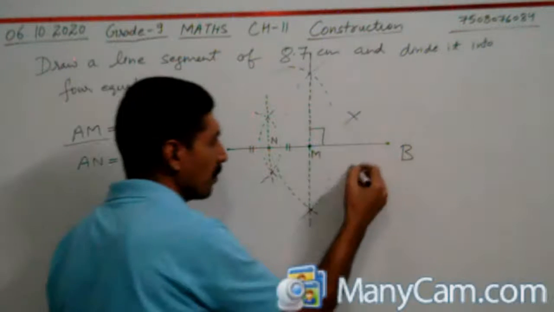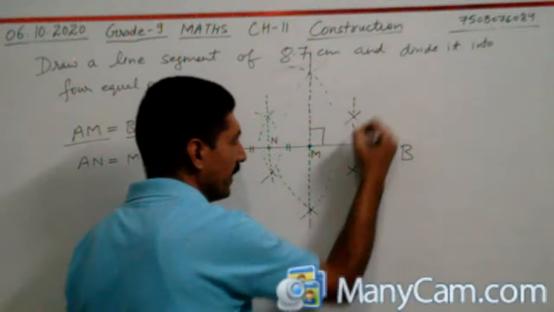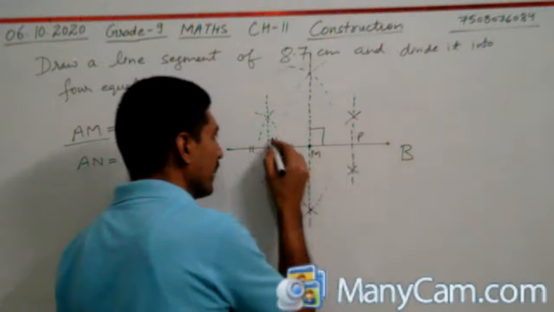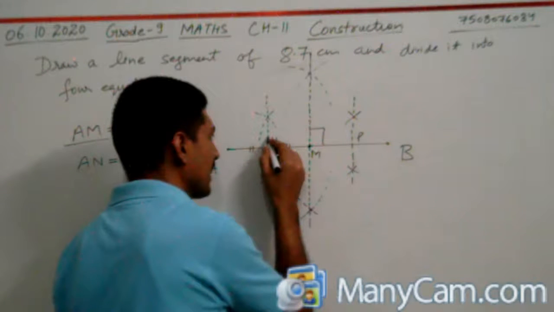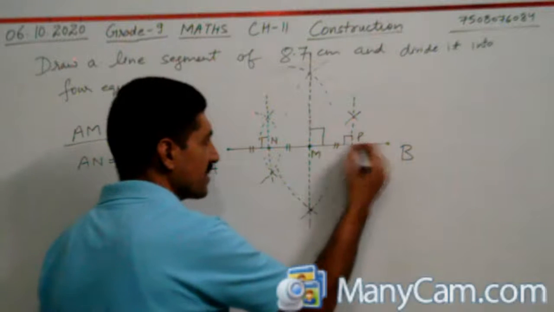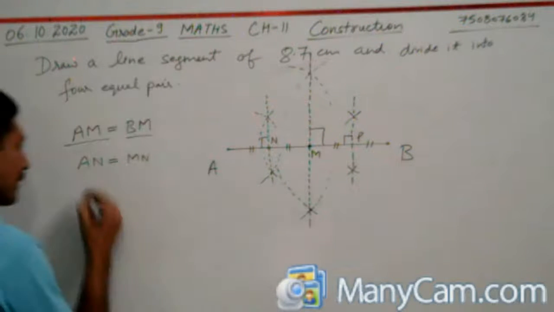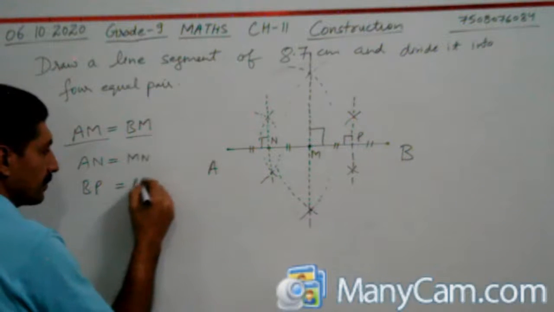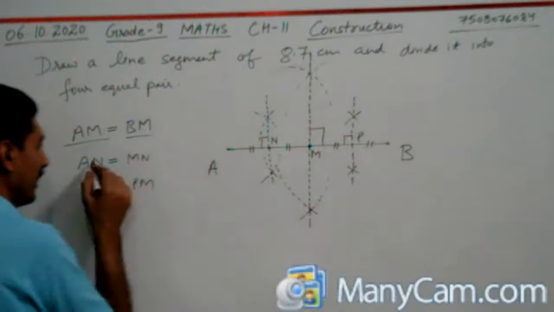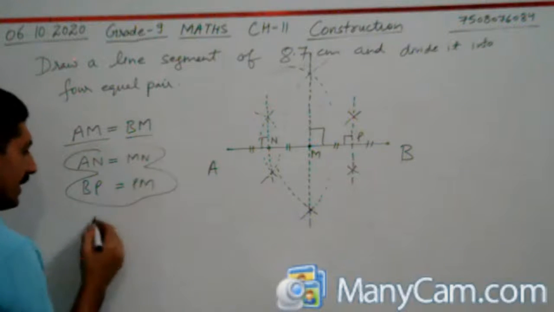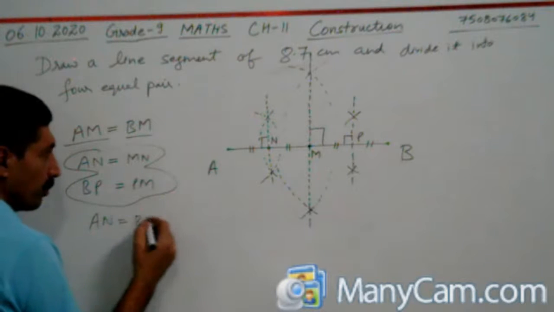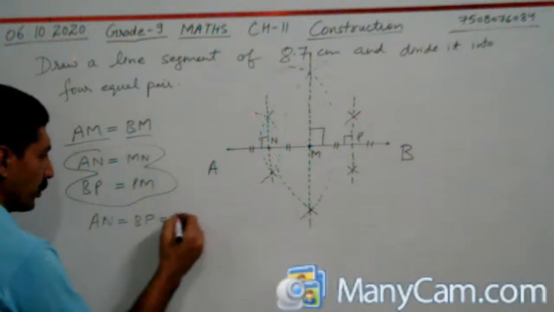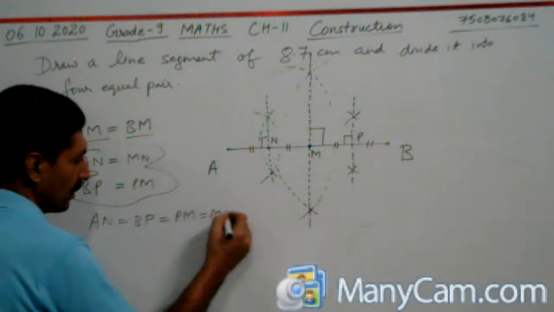Similarly, on this side also, drawing the perpendicular bisector, you can find this point P. And on this side PM is equal to BP. In fact, all these four parts are equal: AN, NM, MP and PB.